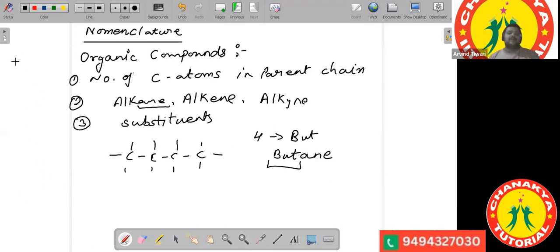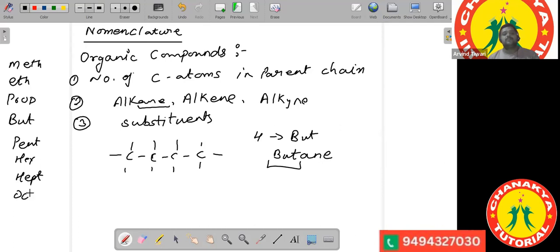So you can have this: meth, eth, prop, but, pent, hex, hept, oct, non, and dec.